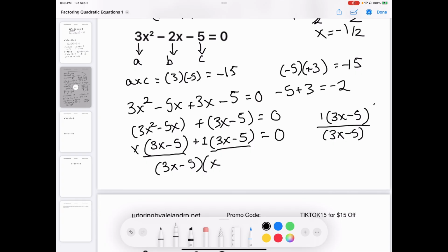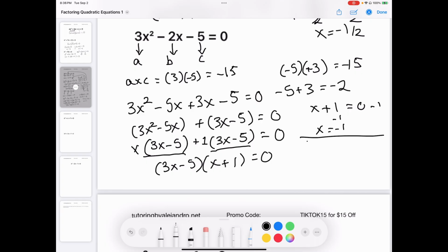These cancel out, and we are just left with plus 1. That equals 0. Okay, great. Now for the last step, remember, we set each binomial equal to 0 and solve for x. So let's do the easy one first. x plus 1 equals 0. Subtract 1 on both sides. That gives us x equals -1.